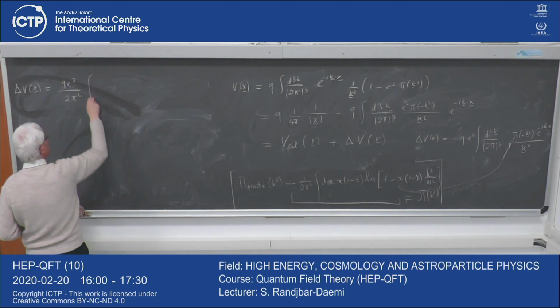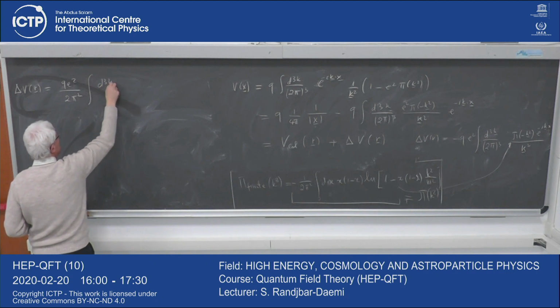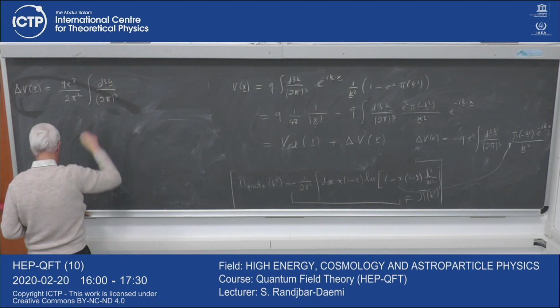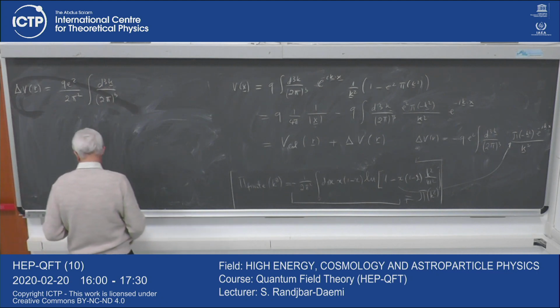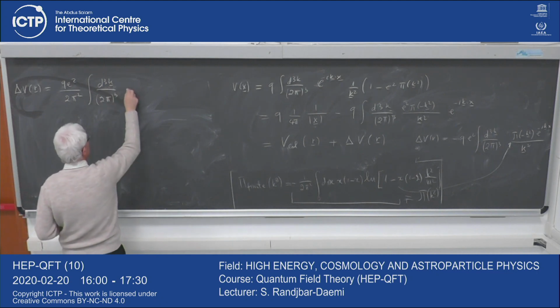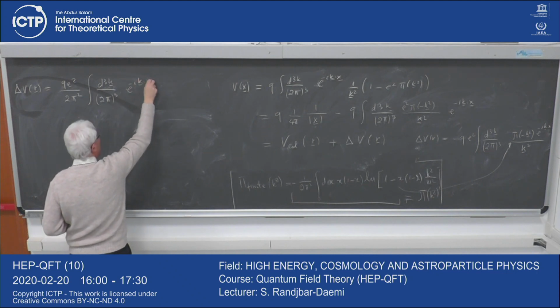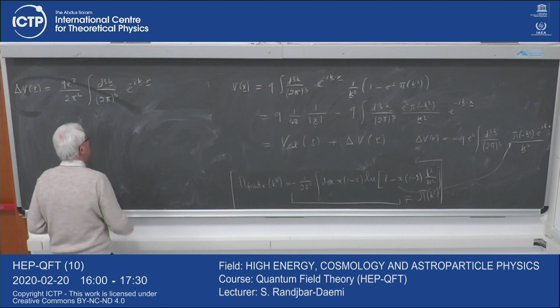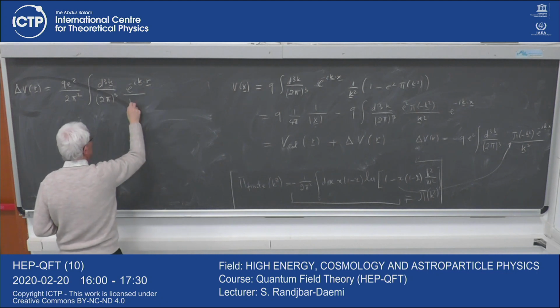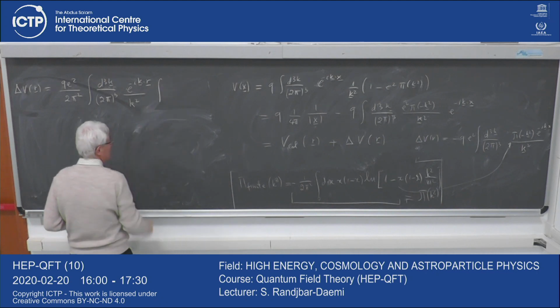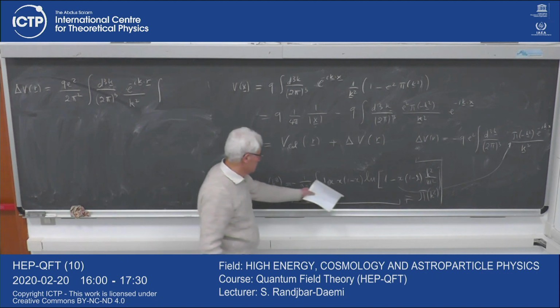Then there is an integration over d3k over 2 pi cubed, and there is exponential of minus i k dot r divided by k squared.